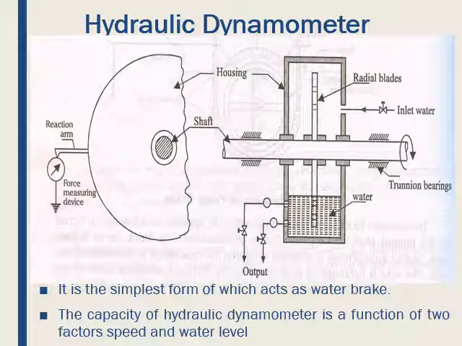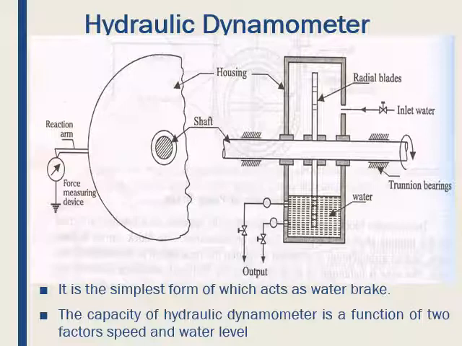In this diagram you can see a number of components involved in the hydraulic dynamometer. One is the housing, which houses the radial blades and the water inlet, and it is connected to a reaction arm and the force measuring device.